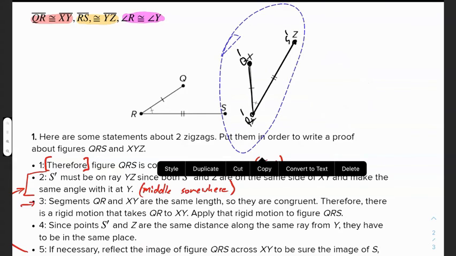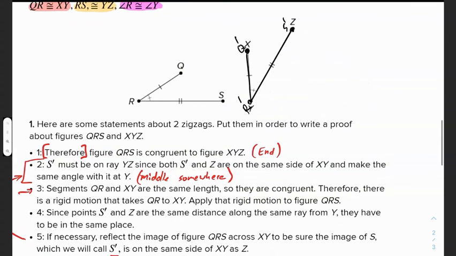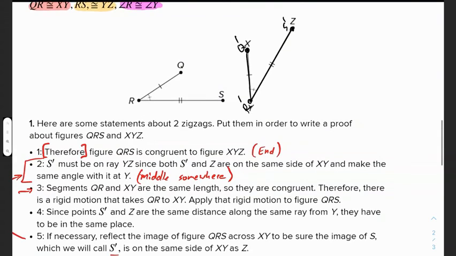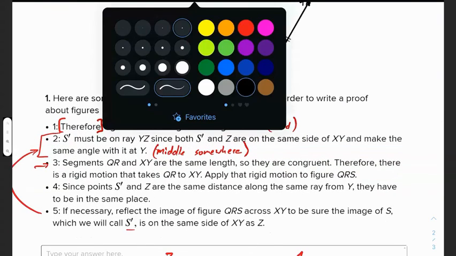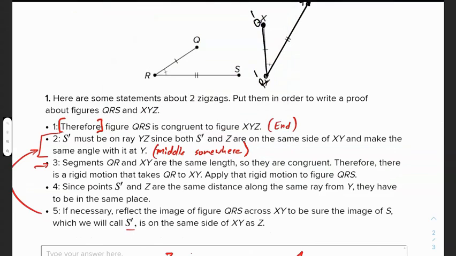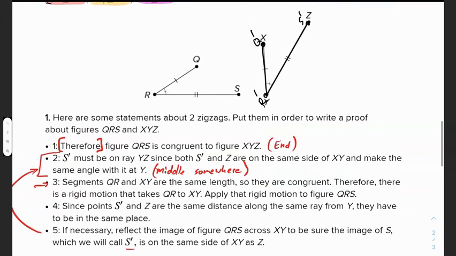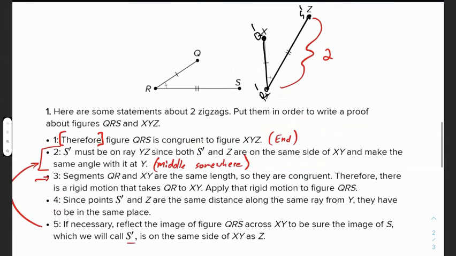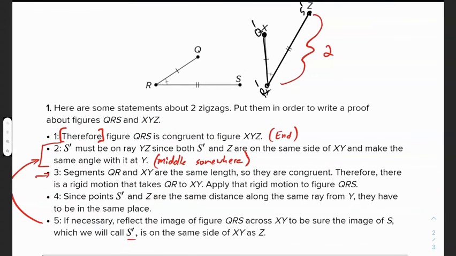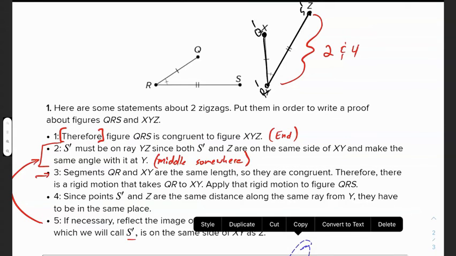That's number 5. Now, I wonder why they didn't use a rotation. So it looks like number 5 happens after number 3. Then number 2 happens, because now they're saying this for the side. And then number 4, and then number 1. So that's the order there. That makes the most sense.